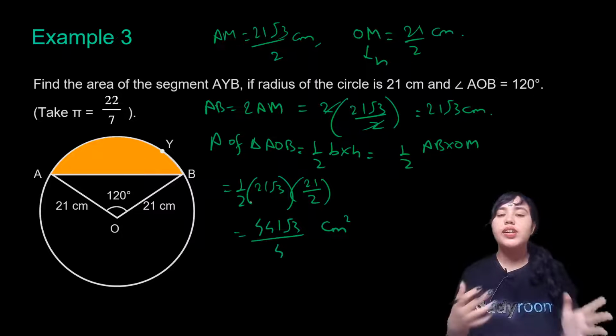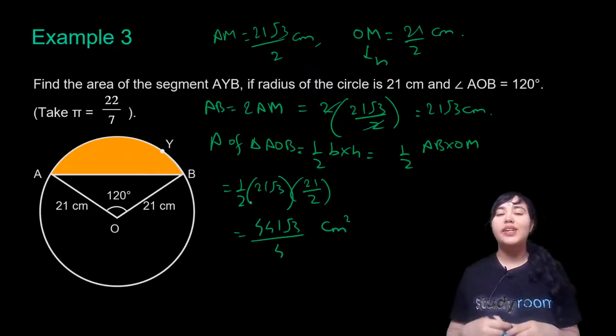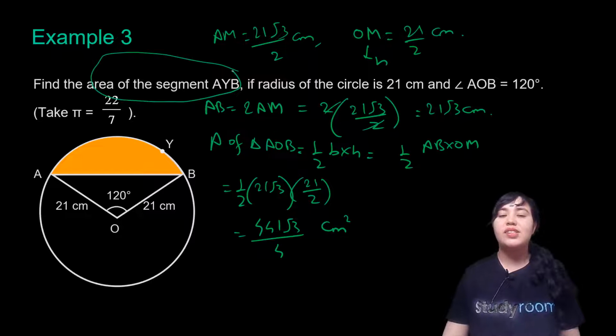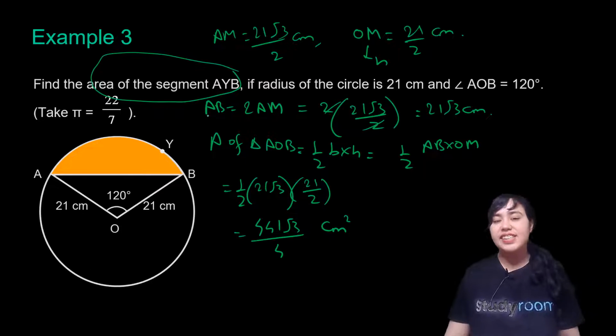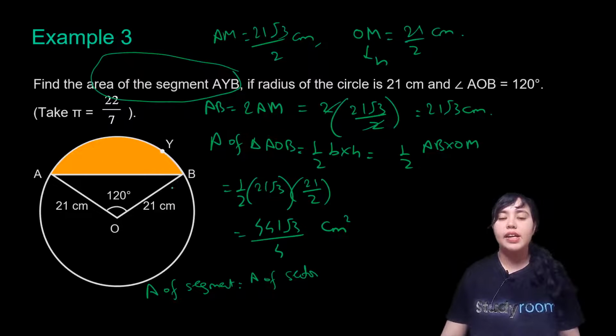But we got so engrossed in finding the area of the triangle that we completely forgot that we actually need to find the area of this segment. When I told you that this example is lengthy, I meant that this calculation for the area of the triangle is very lengthy, truly. Nevertheless, let's find the area of the segment. That will be equal to the area of the sector, this entire AOB sector, minus the area of triangle AOB.